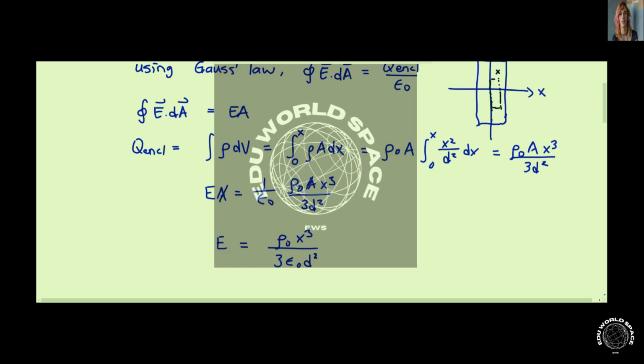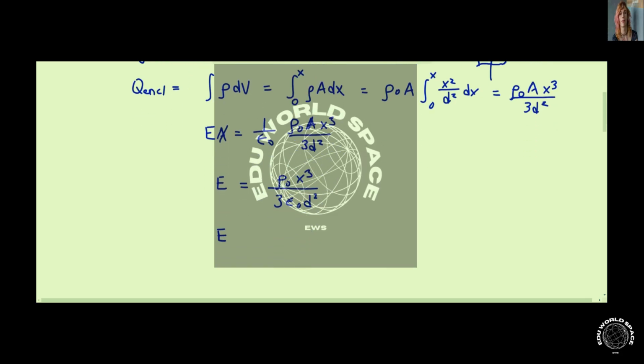This is the magnitude. With direction, E is rho naught x cubed over 3 epsilon naught d squared i hat. This expression is valid for x between minus d and d.